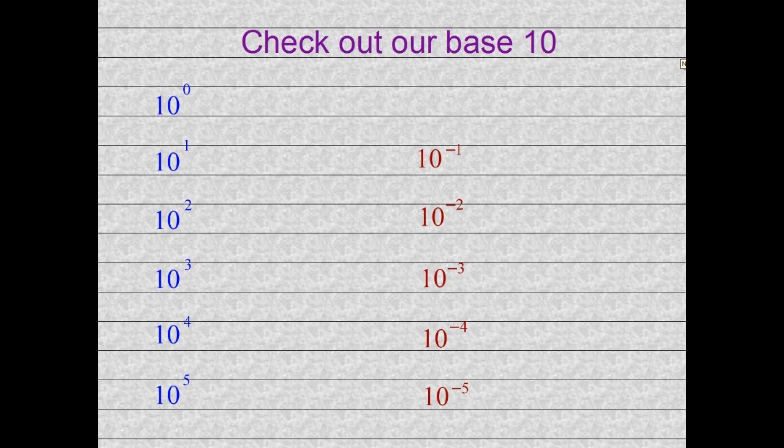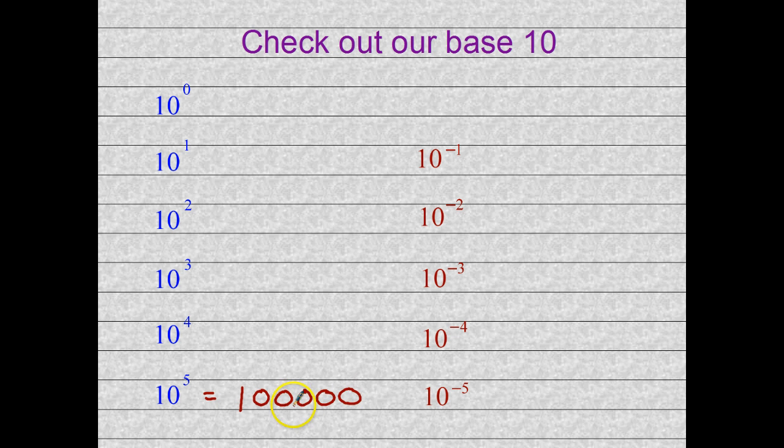We have a base 10 chart. I believe we've talked about this many times up to this point. If we are going in order here correctly, I'm going to quickly scoot through these base 10s. I'll start down here on the bottom with the blue ones. 10 to the 5th power means 1 with 5 zeros after it. 1, 2, 3, 4, 5.